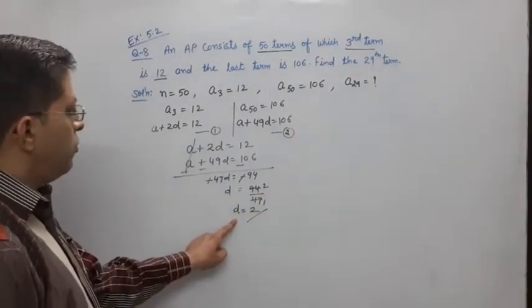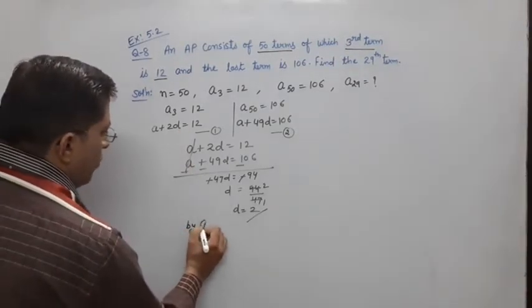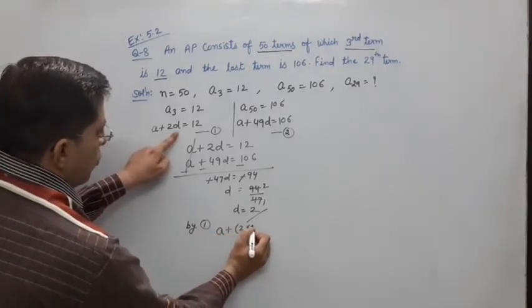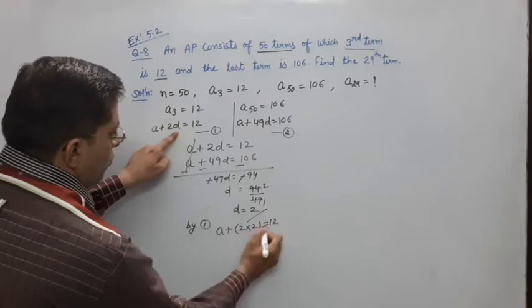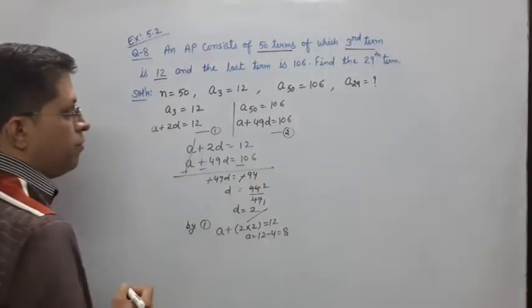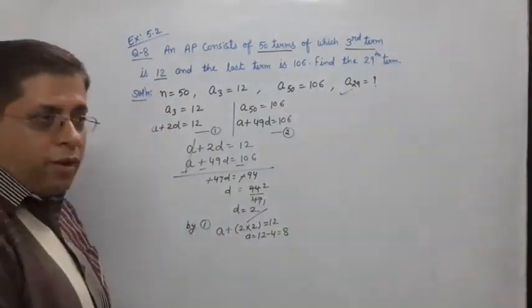Put the value of D in equation 1: A plus 2 into 2 is equal to 12. A is equal to 12 minus 4. A is 8. Now you have to find the 29th term, A29.